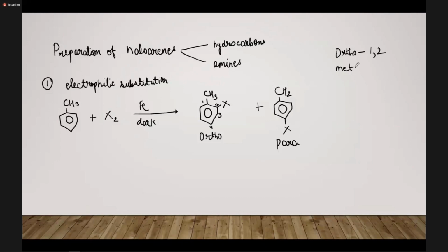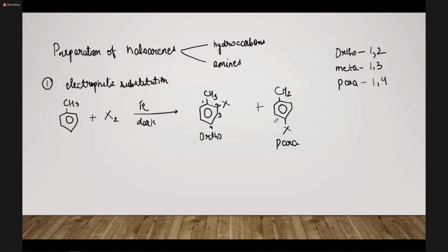We call it meta when the two substituents are attached in 1 and 3, and we call it para when the two substituents are attached in the 1 and 4 positions, that is, just the opposite position. So here you can see.